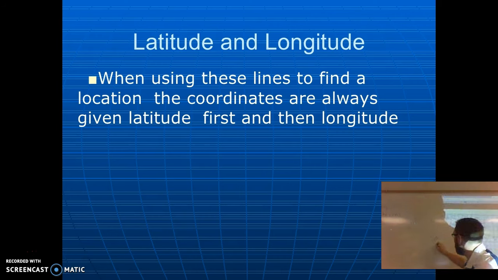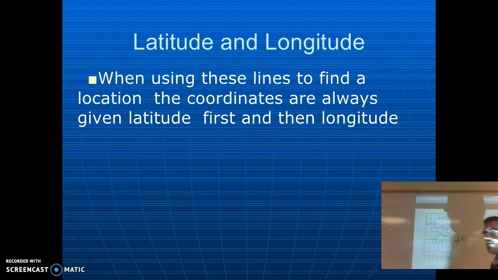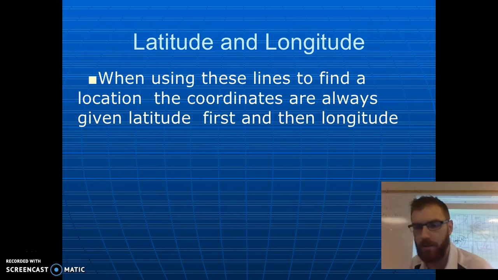Latitude will be written first, and this will either be north or south, and then your longitude, which will be either east or west. So it'll be written like such.